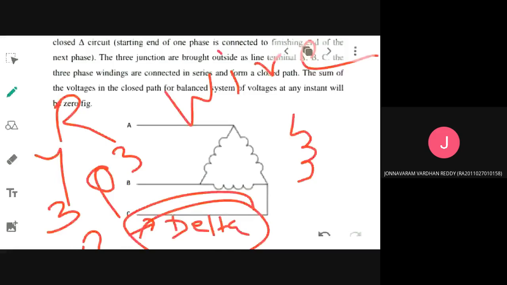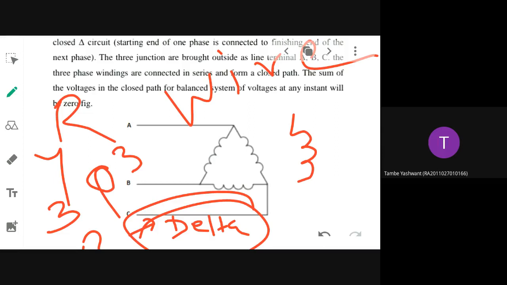See, it's not that you have to have the exact pictorial representation of 120 degrees. In star, it is easy to visualize, but in delta, it is difficult to visualize. Because of the shape, you are telling that it is not at 120 degrees, but it's easy to visualize in star. The same is possible in delta also, but it's difficult to visualize as a diagram.